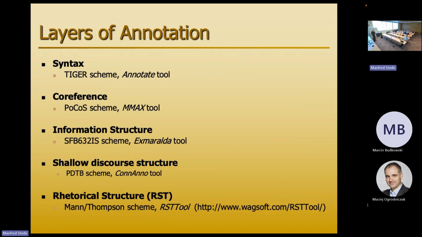And MMAX2 is very good when you have multiple layers of just labeling spans. Conano is a tool we built ourselves. It finds connectives, conjunctions, and adverbials in the text, in German text, and then suggests already the PDTB annotation that you can then edit. And the eRST tool you will see in a few minutes.